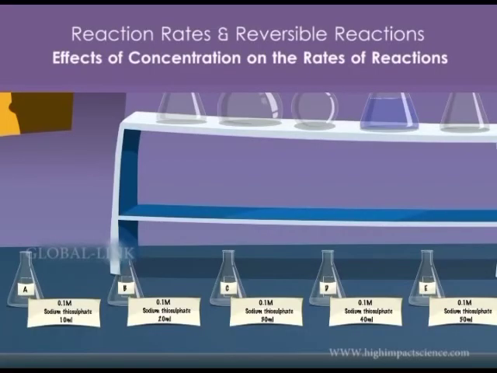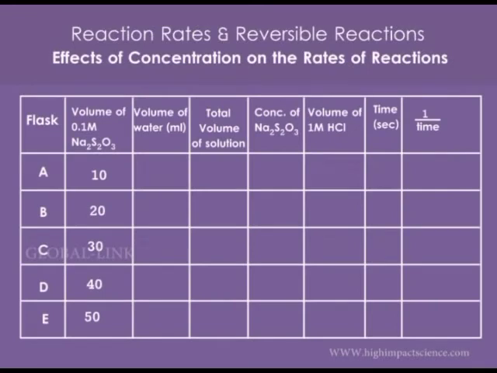We take 10, 20, 30, 40 and 50 milliliters of 0.1 molar sodium thiosulfate in conical flasks A, B, C, D, and E respectively. Then we prepare a table like this one so that we can do the dilutions.